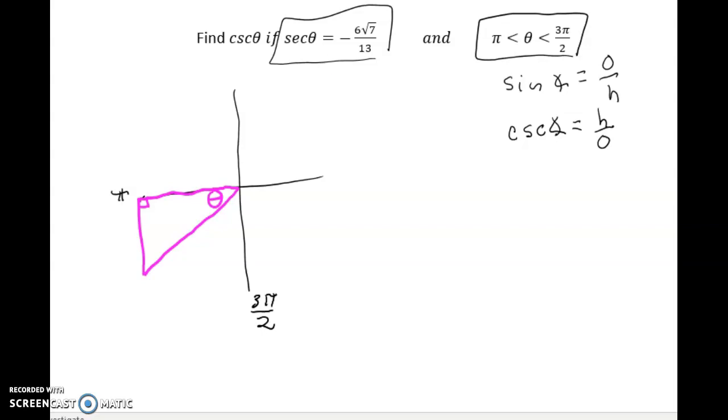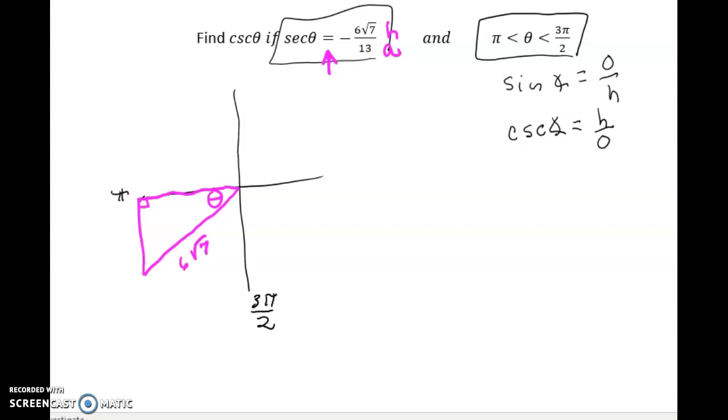If secant is negative 6 over 7, and secant is the reciprocal of cosine, then this is hypotenuse over the adjacent leg, since cosine is the adjacent leg over the hypotenuse. So the hypotenuse is always positive, so we're going to make it 6 square root 7.